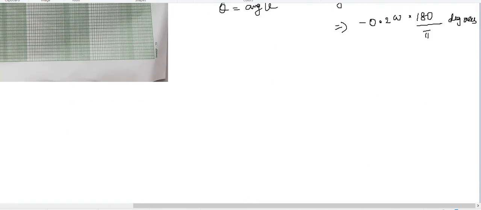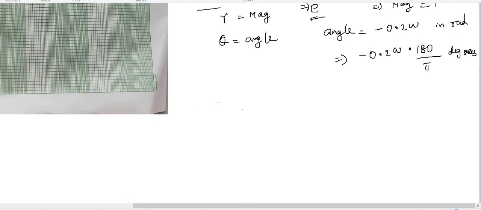Now we can write the expression for the angle of G(j omega). It is equal to minus 0.2 omega into 180 by pi, the angle corresponding to the exponential term, in degrees.